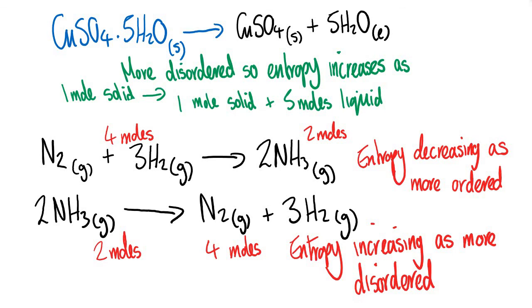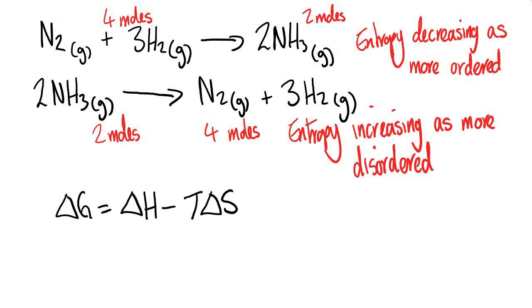And Josiah Gibbs actually found a mathematical relationship that linked entropy and enthalpy in his equation. His equation, delta G equals delta H minus T delta S, combines both enthalpy and entropy in a system along with temperature. Now, some reactions are not feasible unless the temperature is changed, and this is very, very important for industrial chemists.